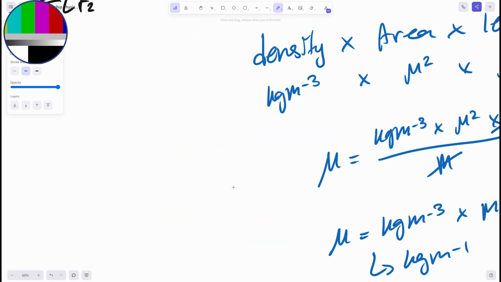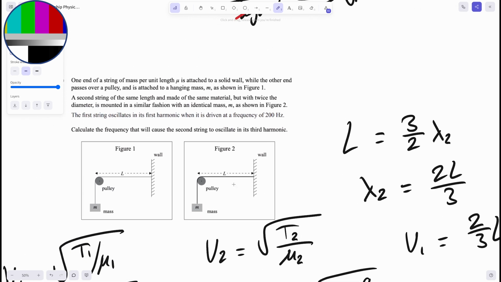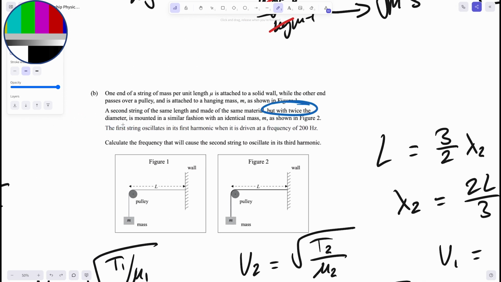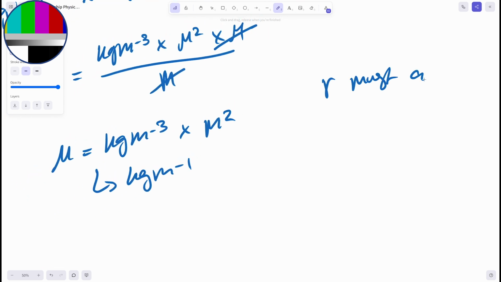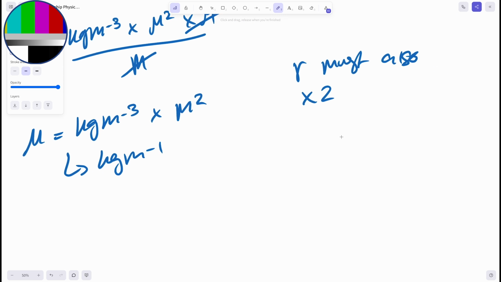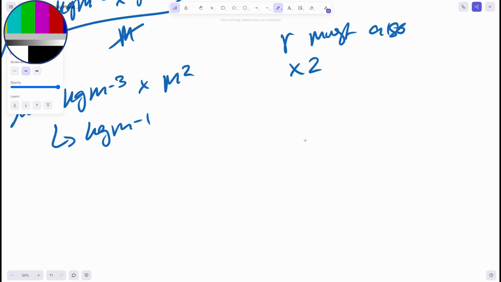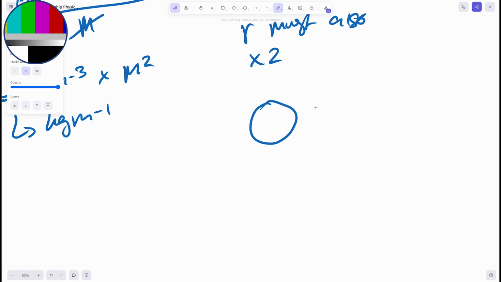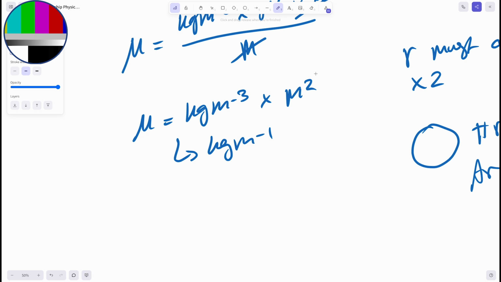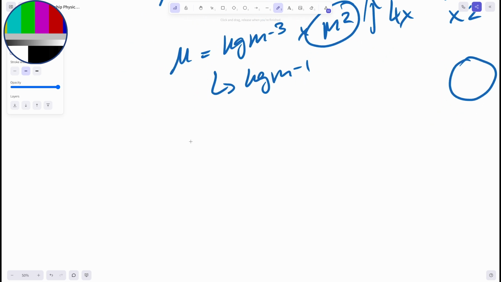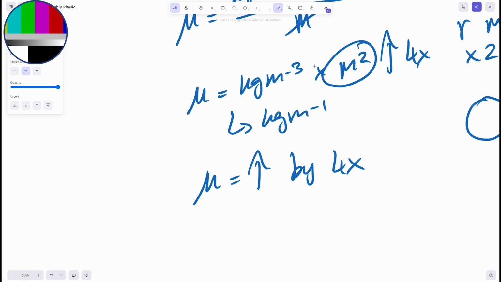Coming back, we know that our diameter doubles, and therefore the radius must also double. In a string, if we take the cross section, that's just a circle. The area of a circle is pi r squared. So if the radius doubles, the area must 4x, because the radius is squared. Therefore, if the area increases by 4x, the mass per unit length must also increase by 4x, because the density remains the same.